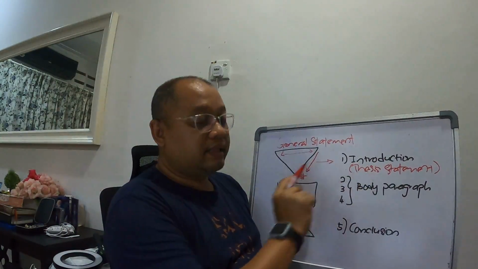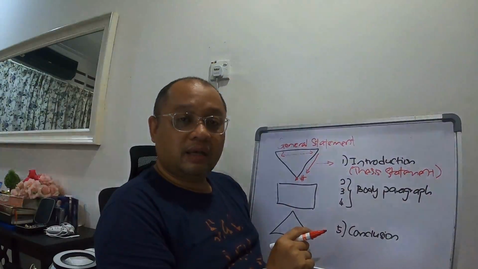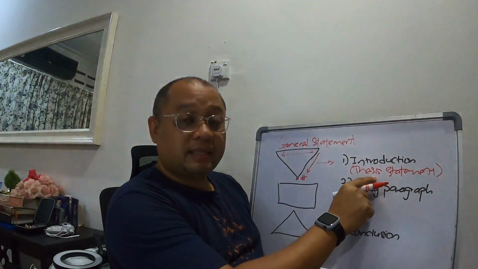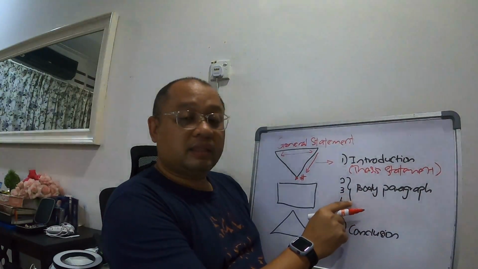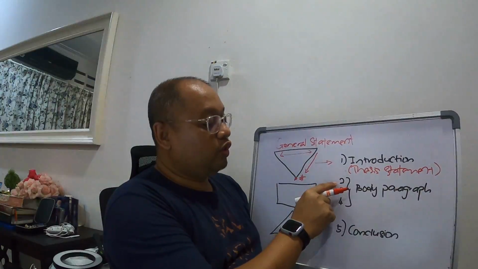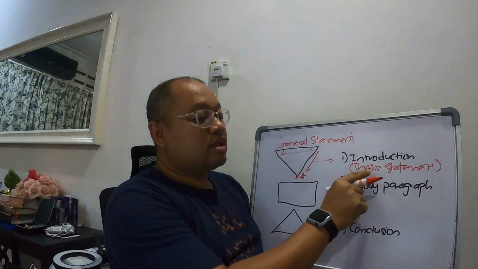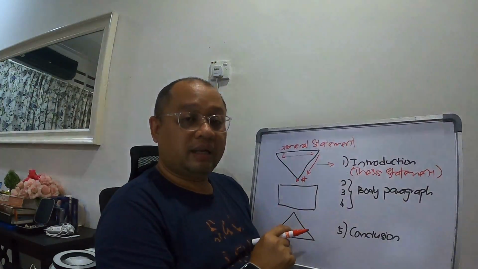We can say that the thesis statement consists of your topic sentences or your main ideas. The topic sentences in the thesis statement will be further elaborated in the body paragraphs. So you have paragraph number 2, number 3, and number 4 over here, each consisting of a topic sentence that you have mentioned in the thesis statement.